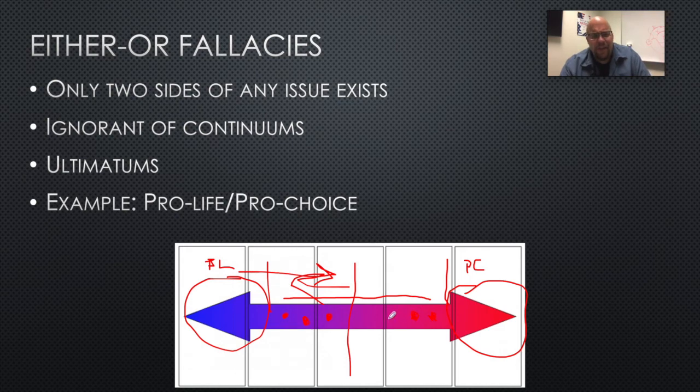Or I'm all about pro-choice except when this is going to hurt the mother to perform this operation. There are examples on both sides of how we move toward the center. So in reality, most of us are probably right there. That's where we are. So don't let people tell you that there are only two options in anything. Most of the time, if not almost all the time, there are multiple positions that any issue can have.